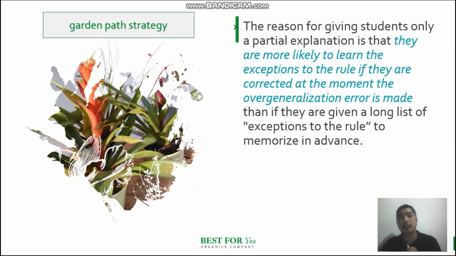That's the time that you can provide them with the explanation when they overgeneralize, when they make use of that particular structure in all the instances, in all the examples, than if they are given a long list of exceptions to the rule. So instead of giving them a very long list of exceptions to the rule, then you can just do this particular strategy.